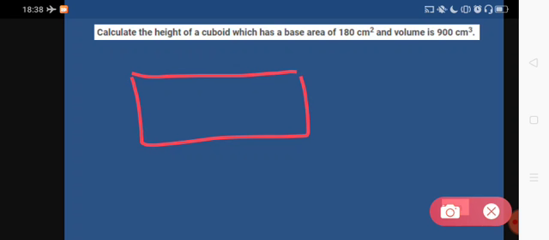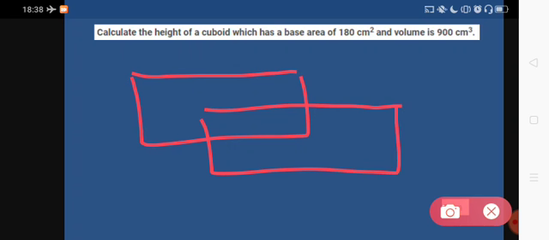This is one rectangle. We can make a second rectangle above it and meet the corner points. This is a cuboid. The base area is 180.